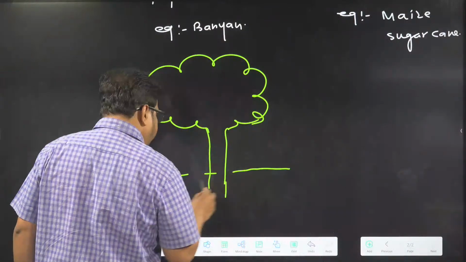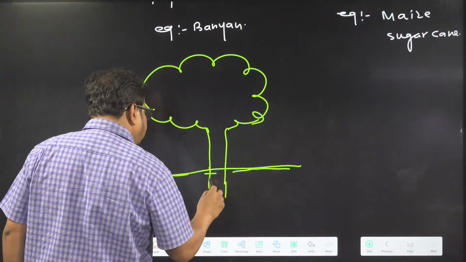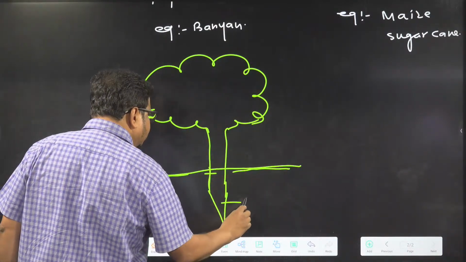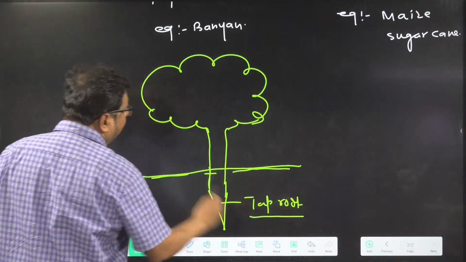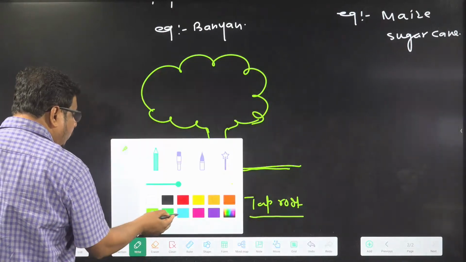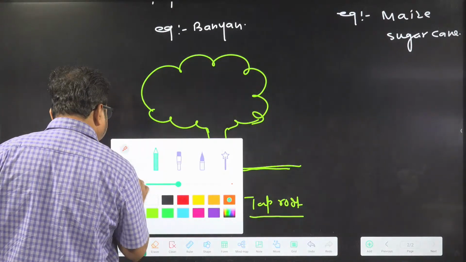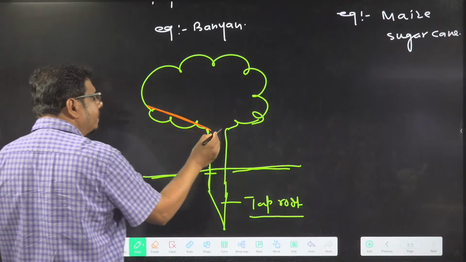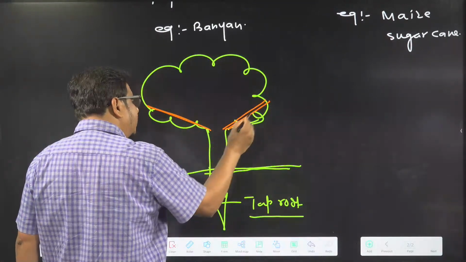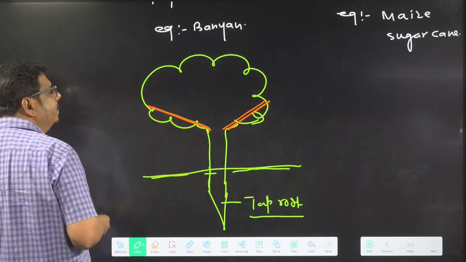This is a banyan tree. This is the part above the soil. So here inside the soil, which root is there? Tap root is there, because it is a dicot plant. Now what you will find in the banyan tree is basically big branches, and branches have sub branches and so many leaves.